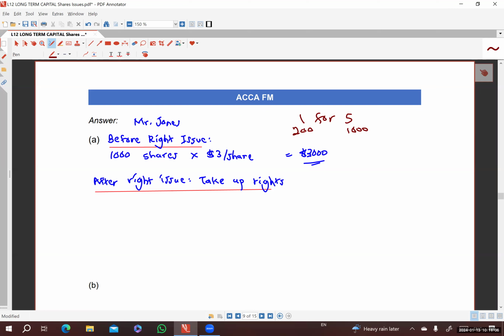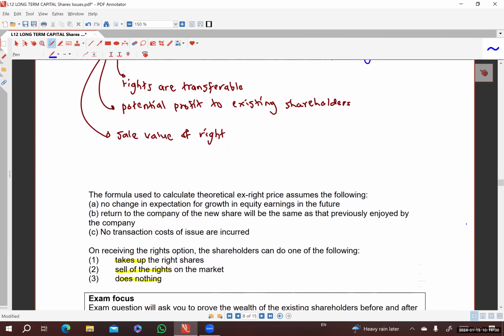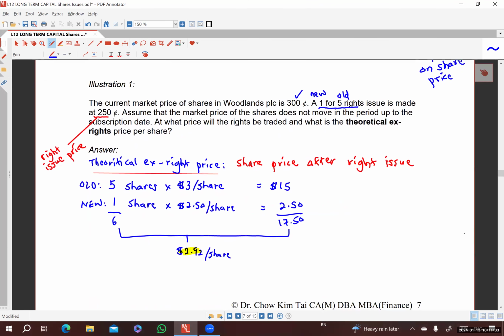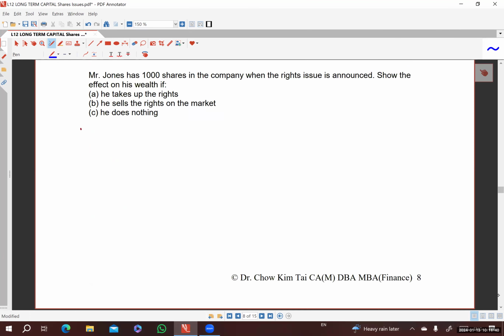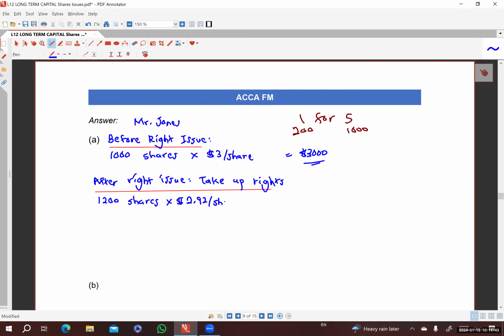So now he has 1,000 and adds 200. After the rights issue, he will have 1,200. The share price after the rights issue is $2.92 as the ex-rights price, with a bit of rounding. So his wealth now becomes about $3,505, with a bit of rounding.